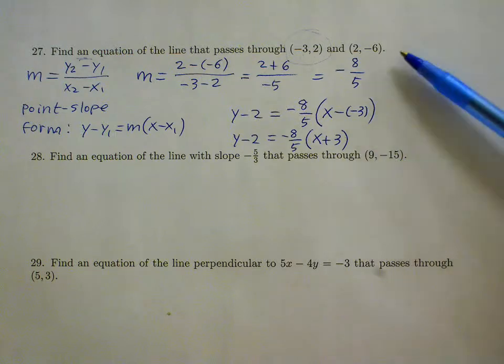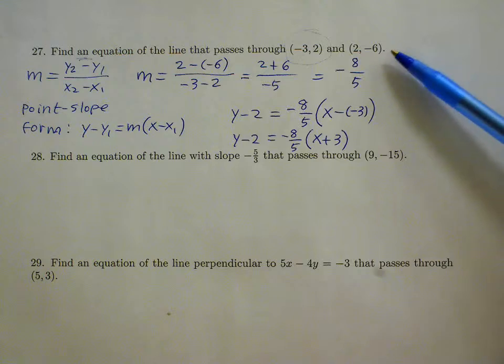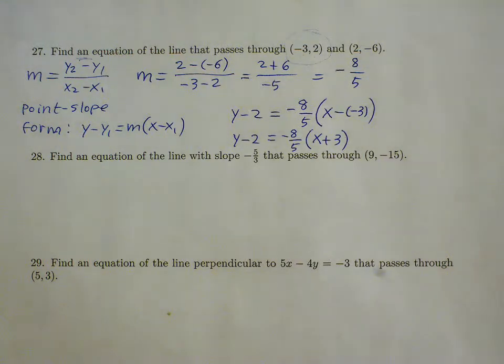And as I already mentioned, we could also have chosen the other point, 2, -6, to get an equation for the same line. When they're in point slope form, they look different, but if you solve each of the two equations for y, then they will be identical.